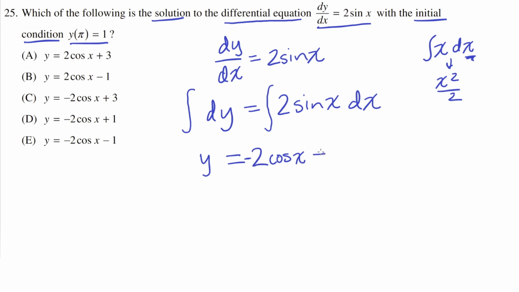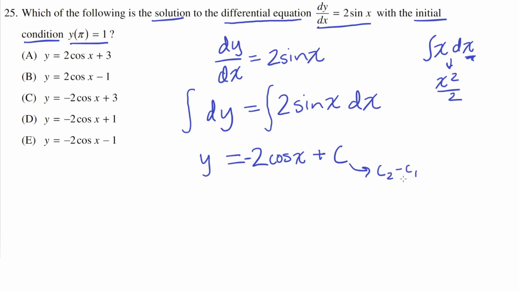And one thing we need to add is our plus c value, because these are indefinite integrals, because they don't have any bounds or limits. So both of these integrals actually had a c value, like a c1 and a c2 here. But what I just did is combine the c's. I subtracted the c1 from both sides and turned it into this large c term that includes c2 minus c1.